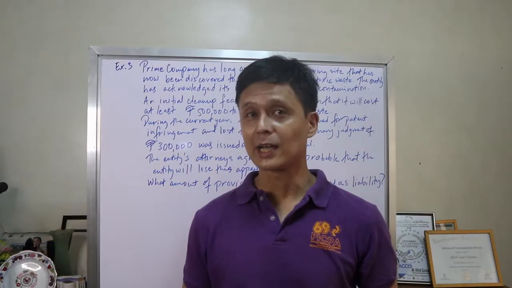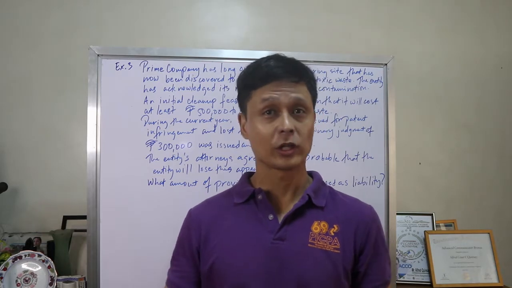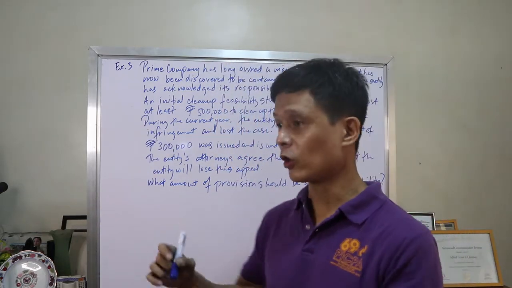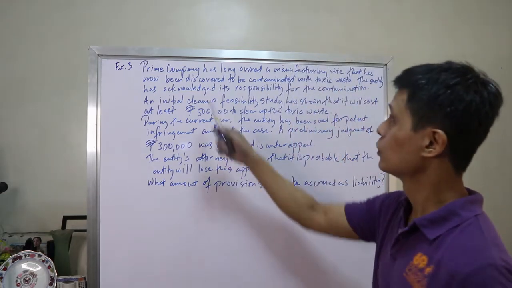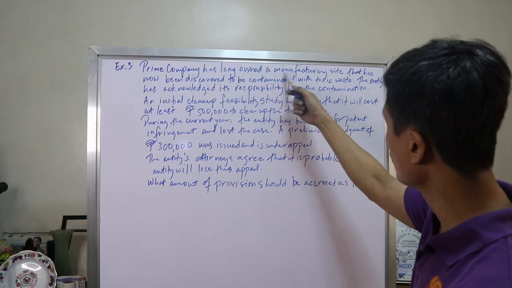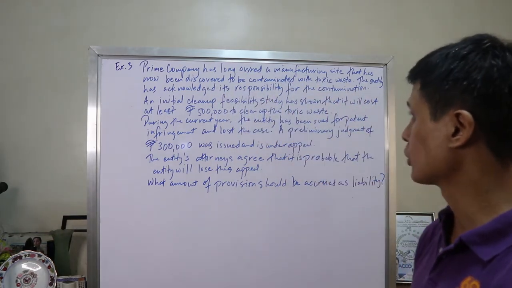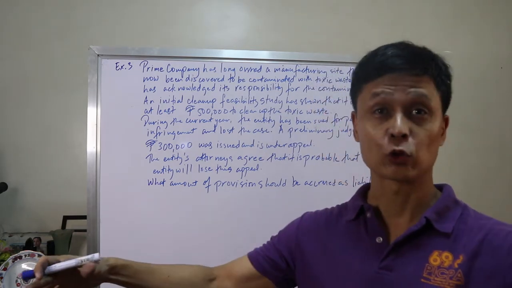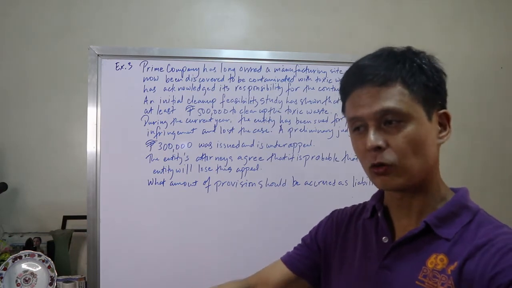Okay. So, a similar example dun sa example number 2 or the problem number 2, pero dito naman dalawa yung case niya, no? So let's see kung ano yung mga probable amounts na pwedeng bayaran itong entity. So Prime Company has long owned a manufacturing site that has now been discovered to be contaminated with toxic waste. So this is very common, especially sa mga factory na merong mga operations malapit doon, let's say sa ilog, no?